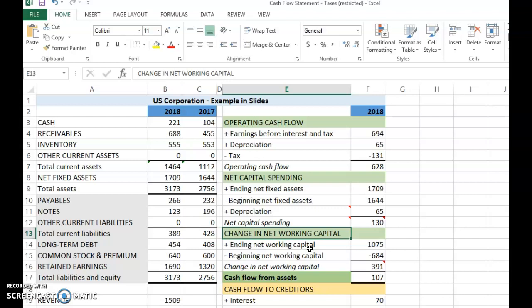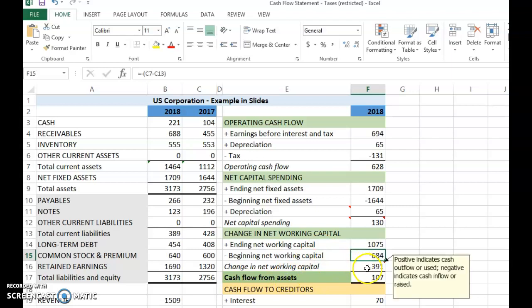It is the ending net working capital, which is total current assets minus total current liabilities. And the beginning net working capital will be total current assets for 2017 minus total current liabilities for 2017. So therefore it is 684, negative. That will be your change.